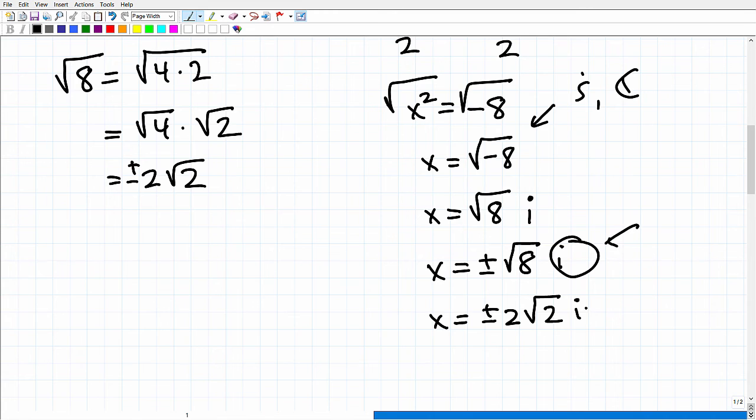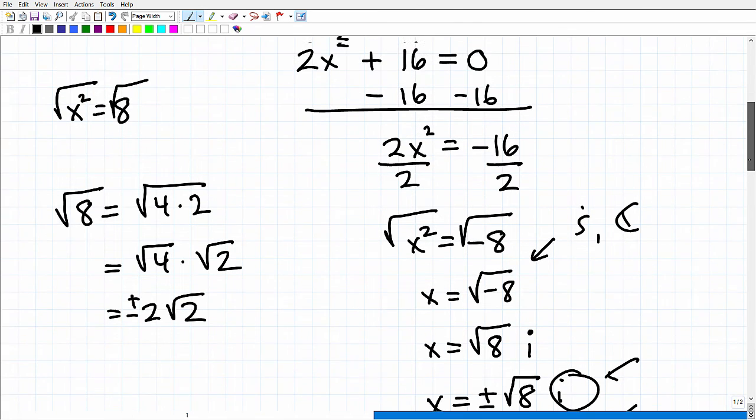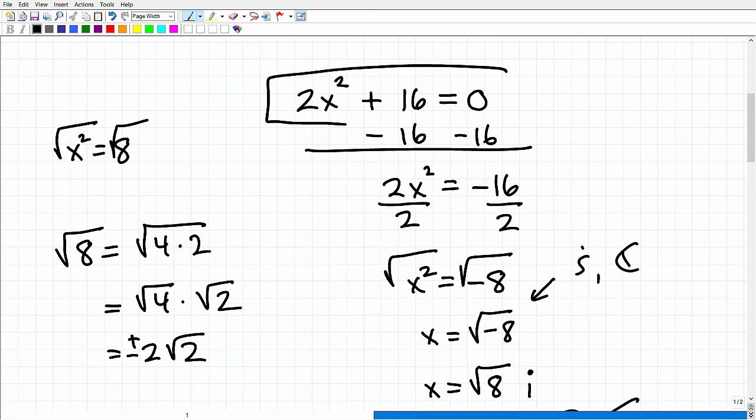This little imaginary component is a whole separate conversation about complex and imaginary numbers. I don't want to go down too many tangents on this particular problem, but let's say this was a multiple choice question and this was one of the options. Would you even recognize that that is the solution to this problem? It doesn't seem so intimidating, and it's really not.